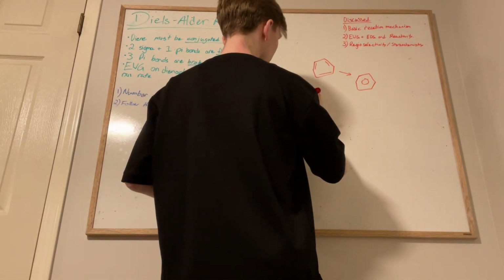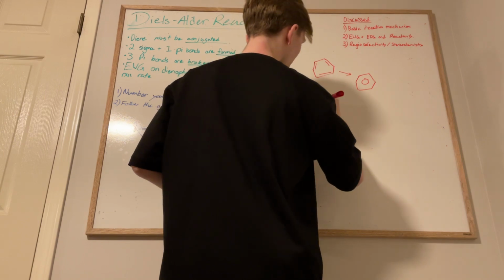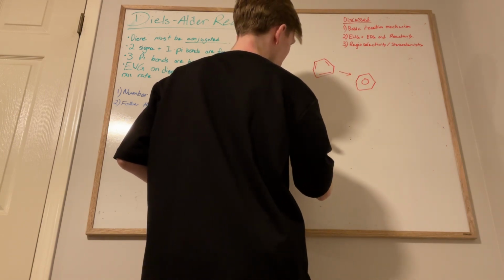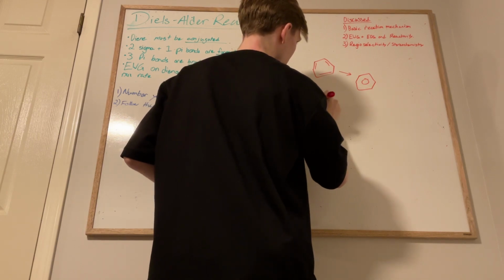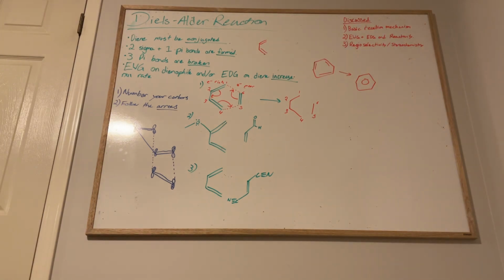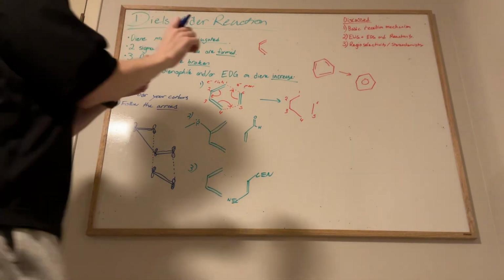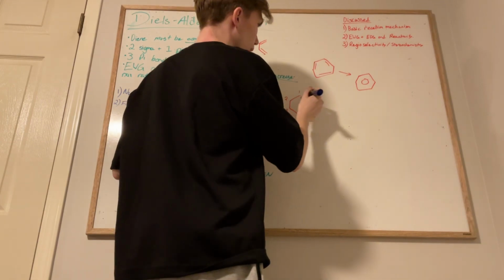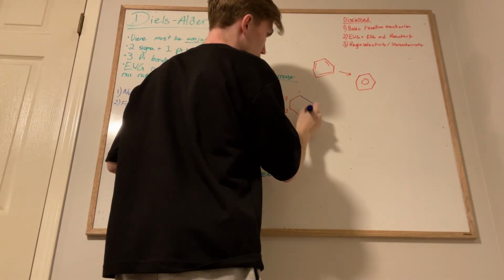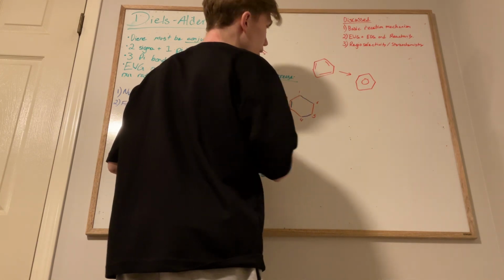And so we can draw out the skeleton of what we had before, right? Label it 1, 2, 3, 4, 5, 6. Let me just grab another pen. And apologies, because this is a horrible drawing. Here's our new sigma bond, and a new pi bond.